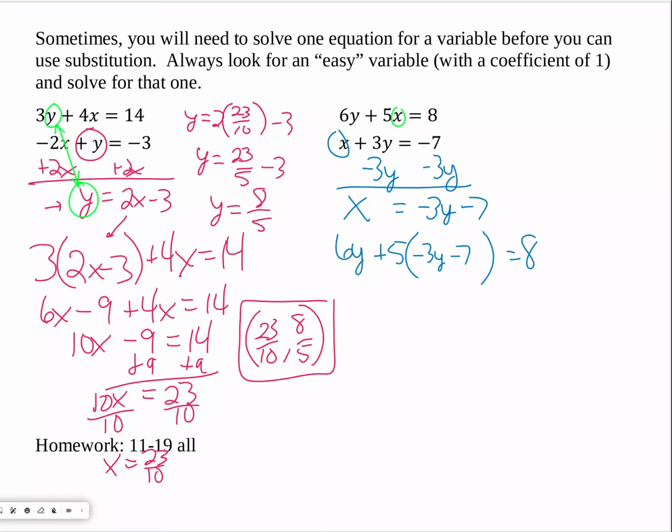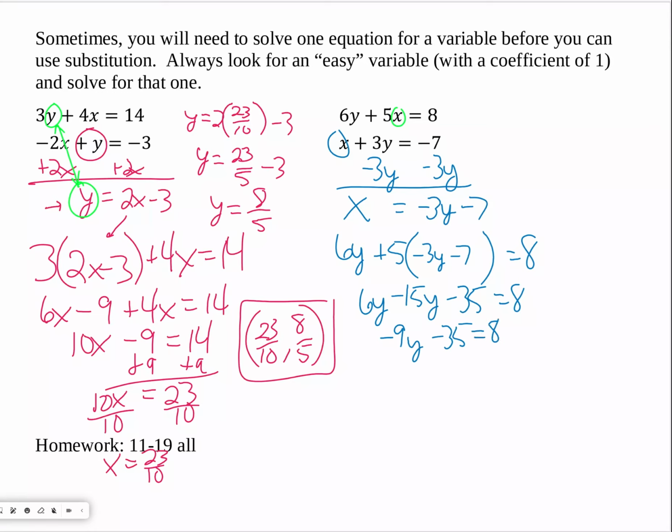Notice that this equation just has y in it. So now I can solve for y. I have 6y, distribute, minus 15y, minus 35 equals 8. Now combine like terms. So this is going to be negative 9y minus 35 equals 8.